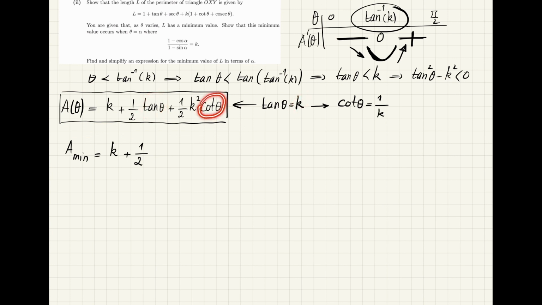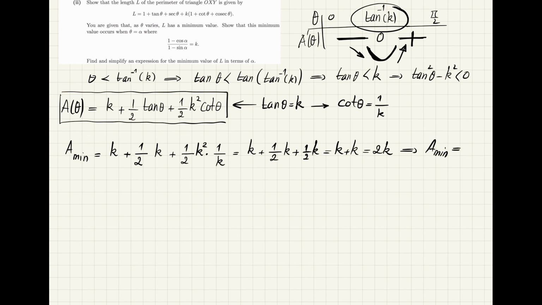Instead of cotangent of theta, I put 1 over k. So then it becomes k plus 1 over 2 k squared multiplied by 1 over k. So it becomes k plus 1 half k plus this k, and that simplified, so it is plus 1 over 2k, and then what I get is k plus k, which is 2k. So the minimum value for a is simply 2k.